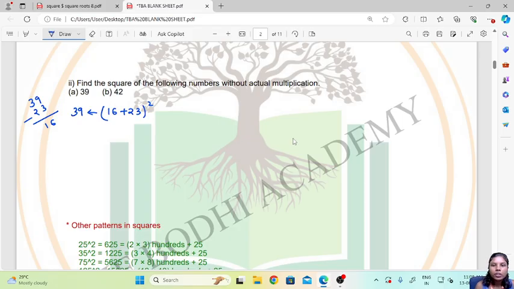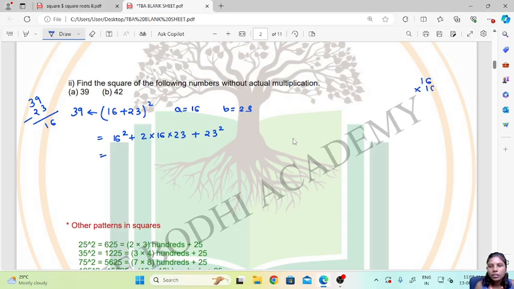Now again we'll use the formula, that is a square, where a is 16 and b is 23. So this will be 16 square plus 2 into 16 into 23 plus 23 square.